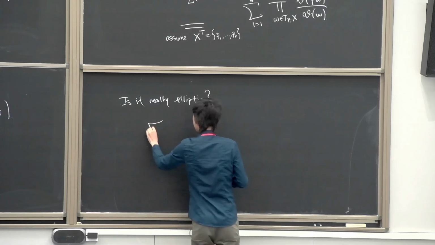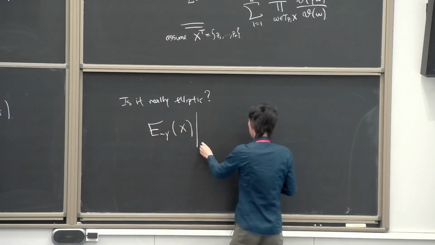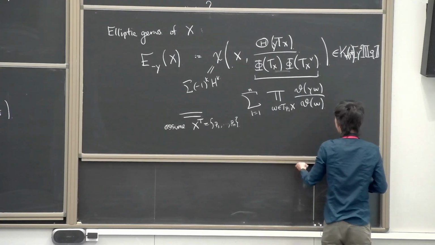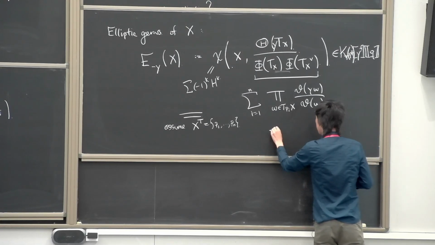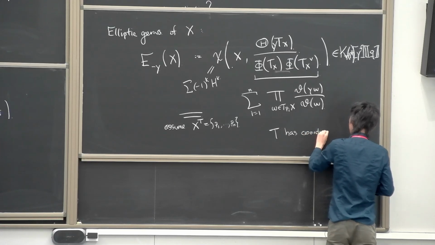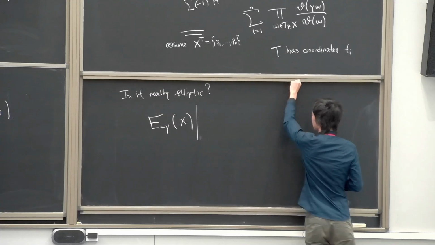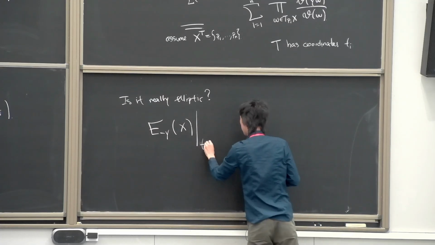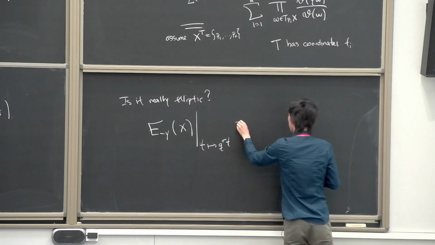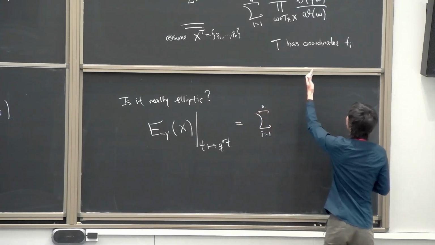And you can check that if you take this quantity and you shift, so let's say T has coordinates Ti, then under shifts of these coordinates, you're going to get some sum, and there will be some prefactor which comes out.